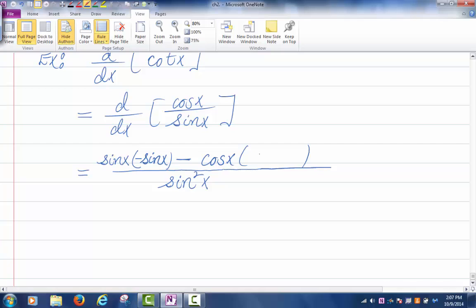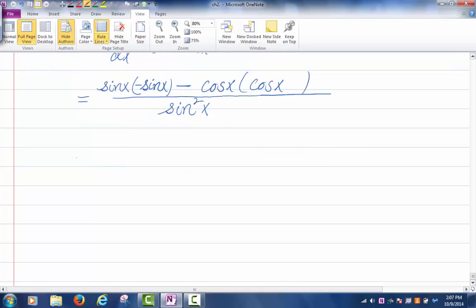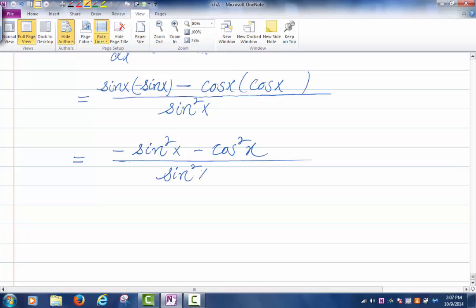What's the derivative of the denominator? Cosine x. And then what I get is negative sine squared x, negative cosine squared x, all over sine squared x. What should I do from here?